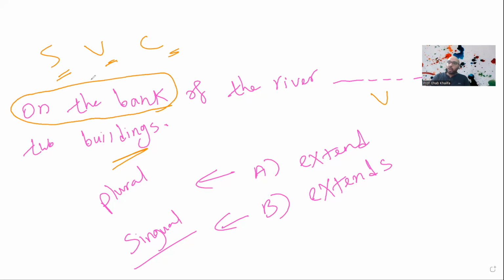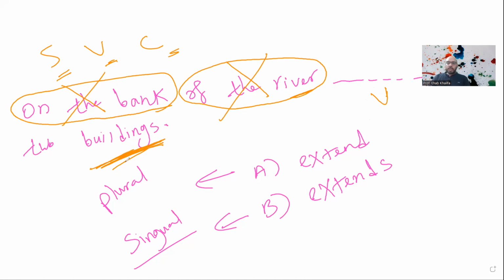So my subject cannot be in a prepositional phrase. I cannot say that the subject is river because river is part of the prepositional phrase of the river. So this is incorrect. Then I have the verb now. The subject follows. So the subject is buildings. I didn't find my subject before, then the subject is after. Buildings is the subject, buildings is plural. So the answer is A.